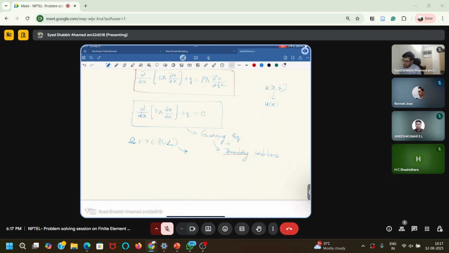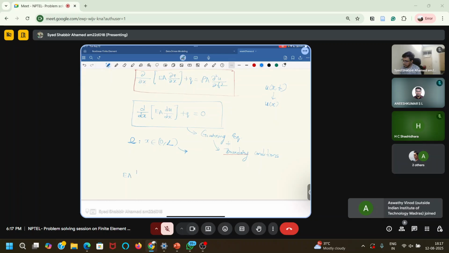If you integrate this once, you will get EA du/dx plus qx plus C1 equals 0. So I'm just integrating it once.